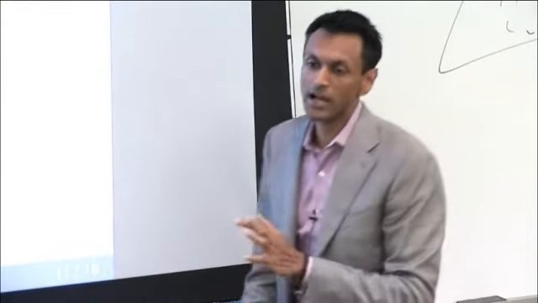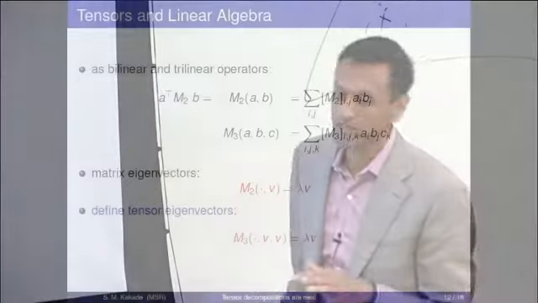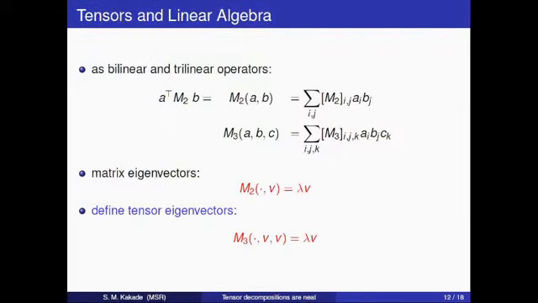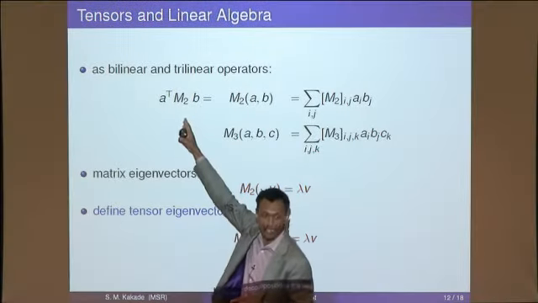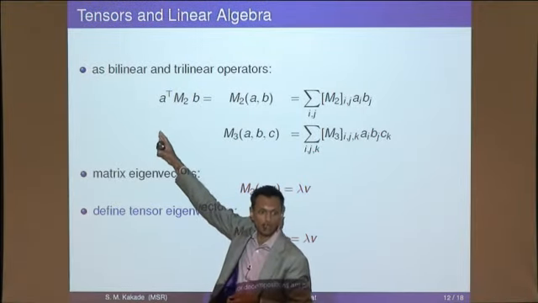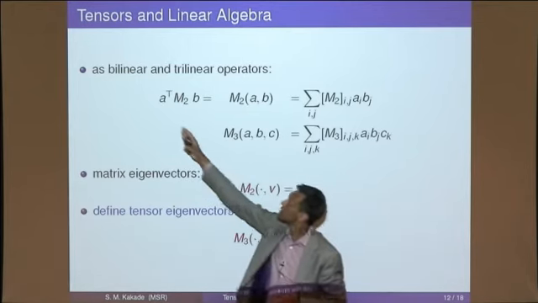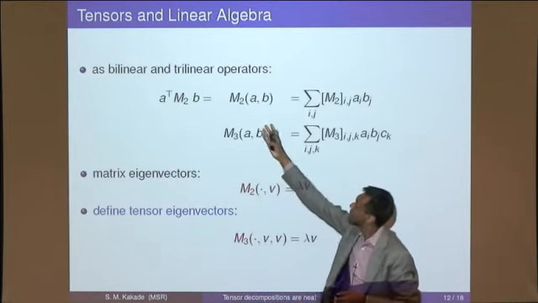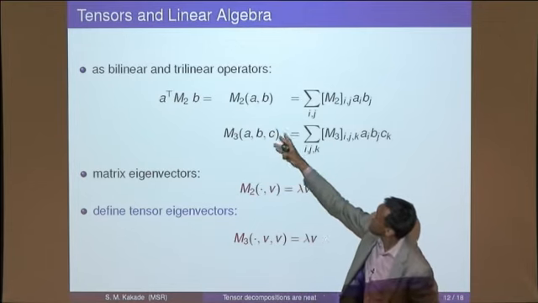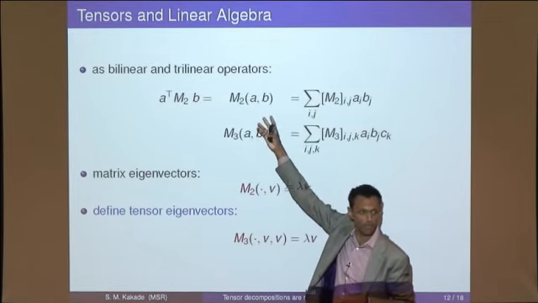Okay. So just back up a second and look at things as linear algebra operators. Let's go back to matrices. Remember this notation where we have a matrix M2. We can hit it by a vector on the left and right, which is A transpose M2 B. And for notation, I'm going to write that as hitting M2 with A and B this way.